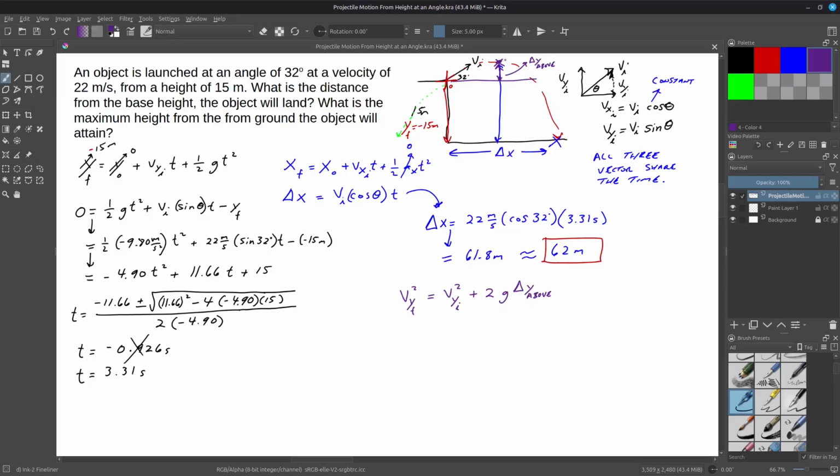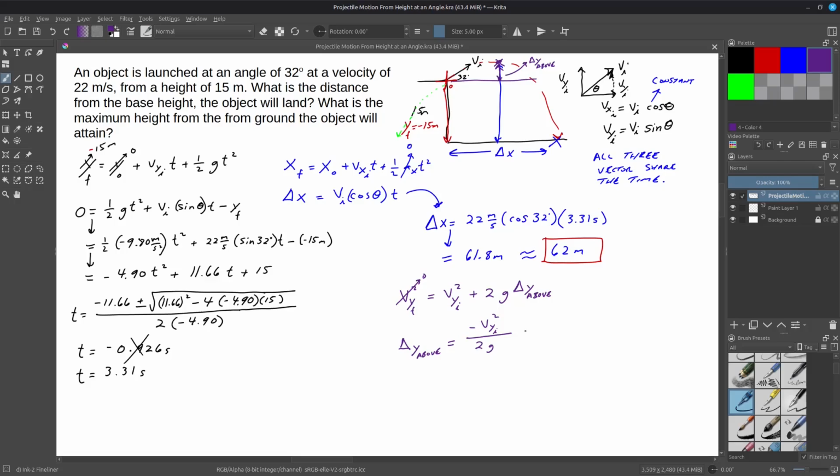V final is 0. So 0 squared is 0. This becomes simply delta y above equals negative Vyi squared over 2g.